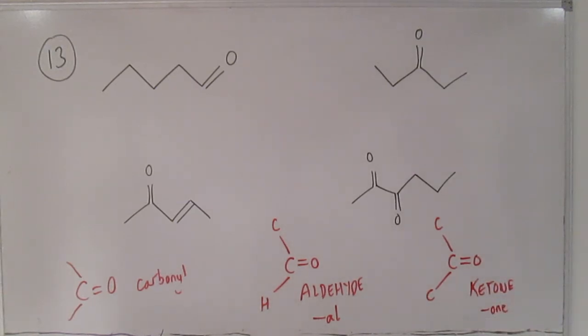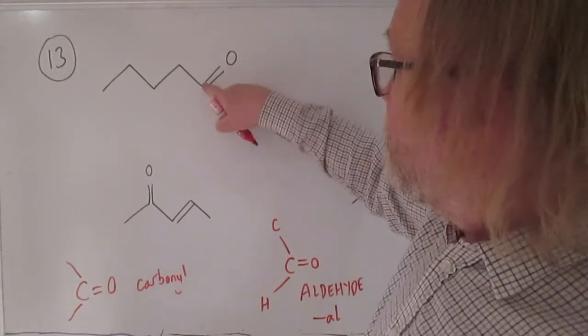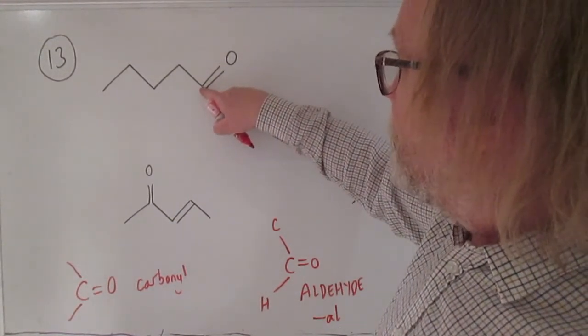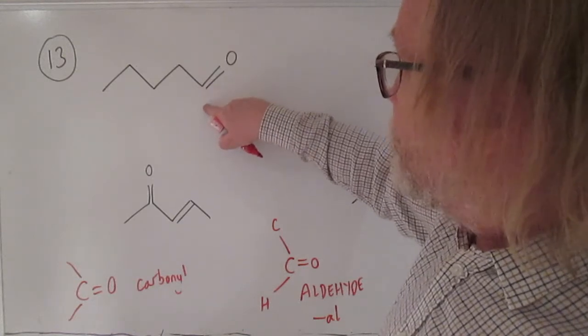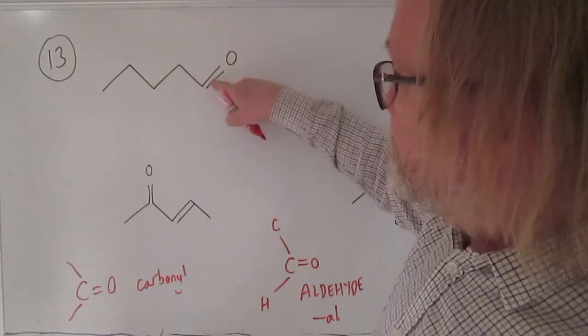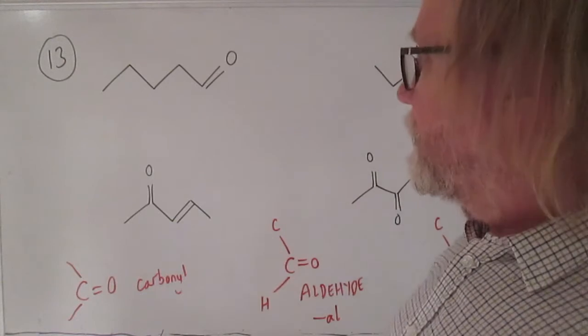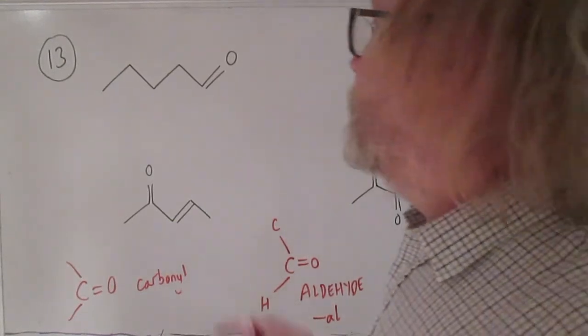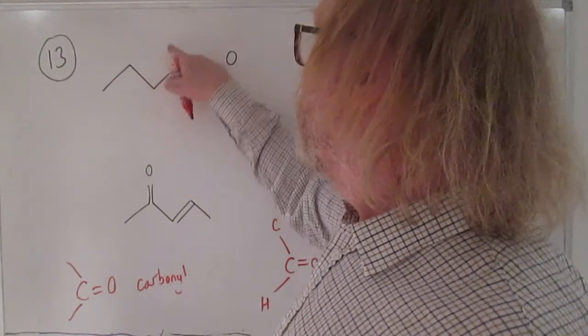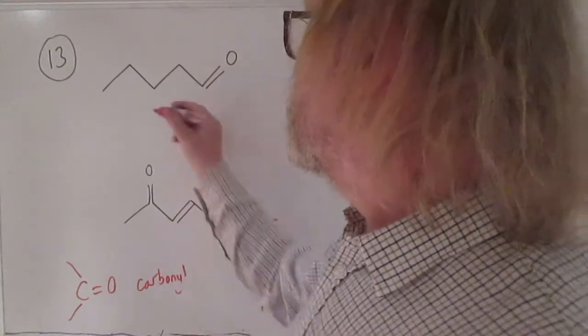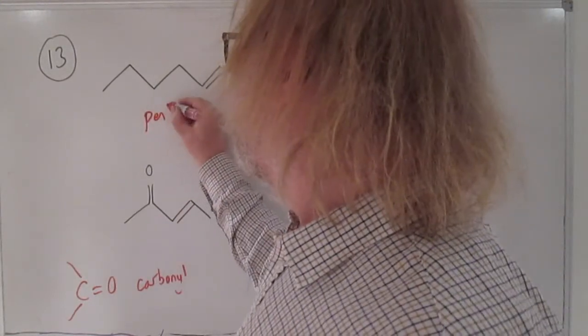Okay, so those are the basic ideas that we need to use to name these compounds. So this one, as we say, is an aldehyde, because the C double bond O is at the end of the chain. There would just be a hydrogen there, because that carbon at the moment obviously only has 3 bonds. So how do we name it? Well, there are 1, 2, 3, 4, 5 carbons, so it's pent.